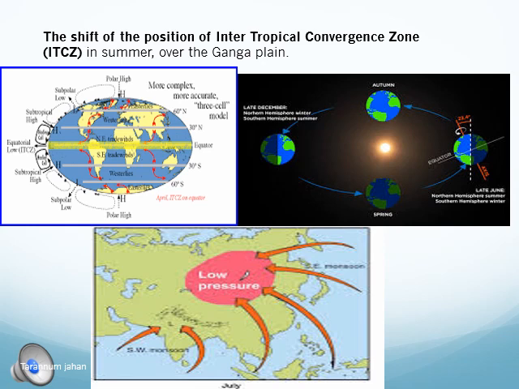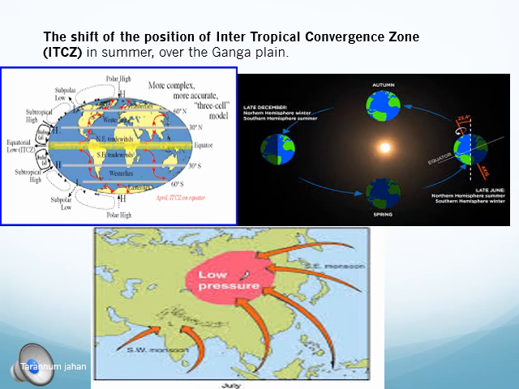Now ITCZ is normally on the equatorial latitude, but it moves north and south with the apparent movement of the sun. Now how does the apparent movement of the sun happen? See the next image. As we know, the earth revolves around the sun. The sun never moves.